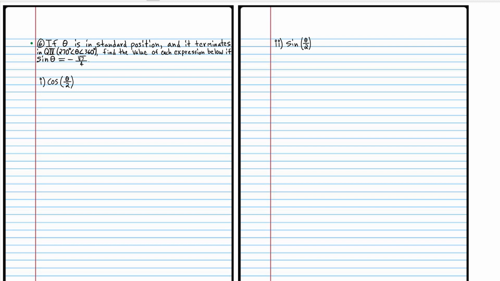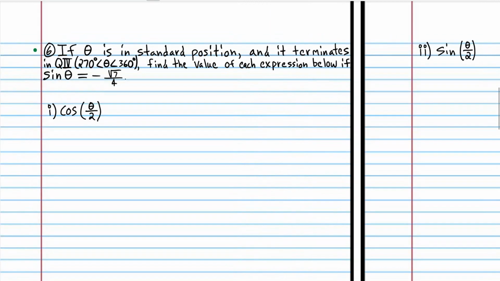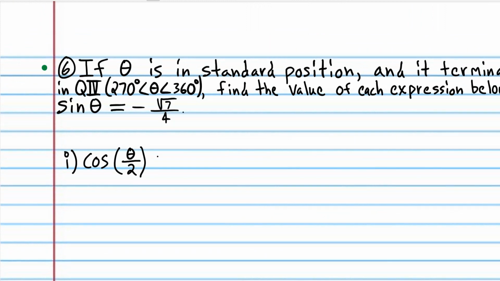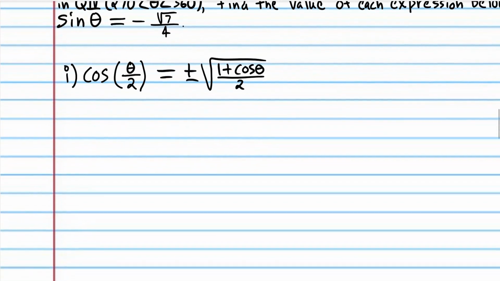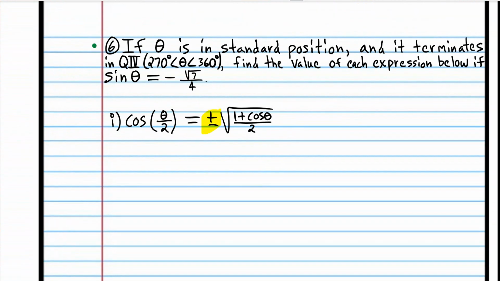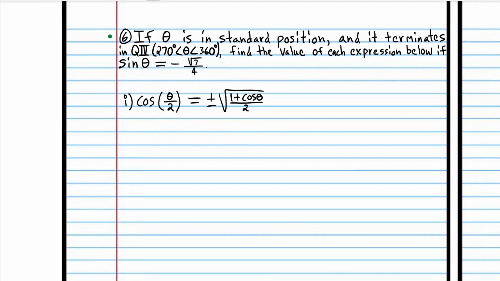Okay, we're back. So we're going to use our half angle formula. The first thing we need to figure out is, do we use a positive symbol or a negative symbol? So let's look at theta. Theta is in quadrant 4.